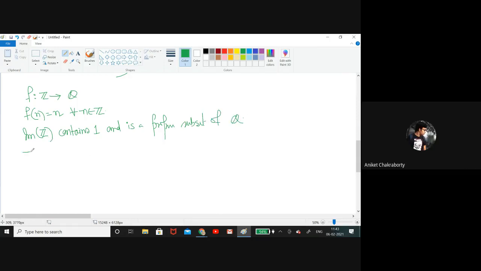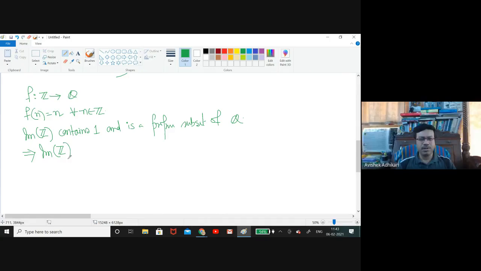And to make it explicit, multiply by half: half times 1 does not belong to Z. This implies the image is not an ideal of Q.